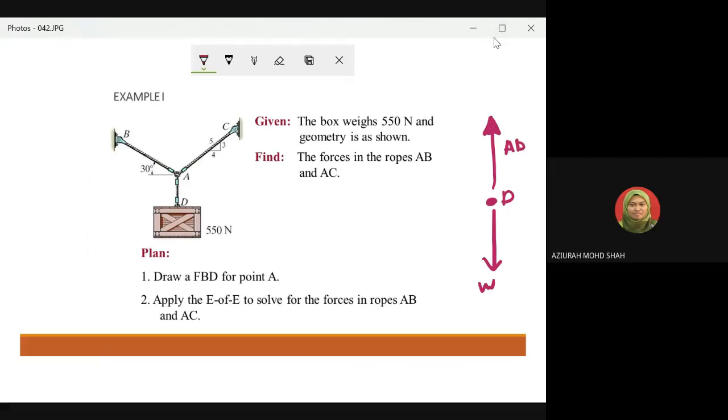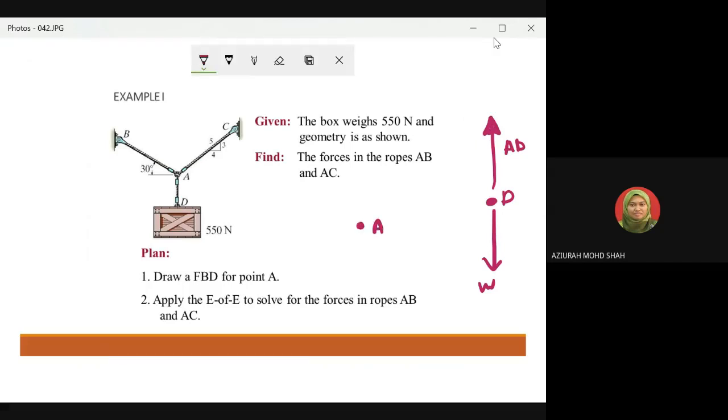Alright, okay. Now, after ni kamu tengok kabel AD ni. Kabel AD dia link dengan mana? Dia link dengan after dia. Okay, kabel AD you see that it links with point A. Kat sini mungkin ada ring lah. Ada ring lah. Okay. Ring A ni. Dan dia linkkan dengan box ni. Jadi the next thing kalau kita nak draw FBD, kita draw dekat A lah.